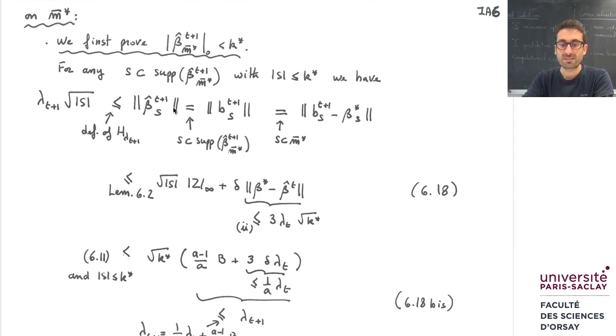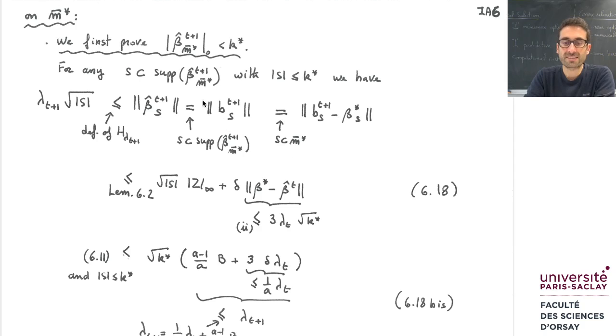So the entries of beta t plus 1 on S are the same as the entries of b t plus 1 on S, right? Again, this is obtained by applying Hard-Thresholding on this quantity, and since we are on the support, there are no values which are set to 0, so they are unchanged.